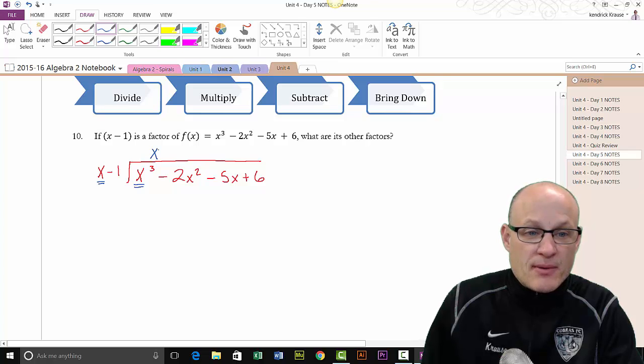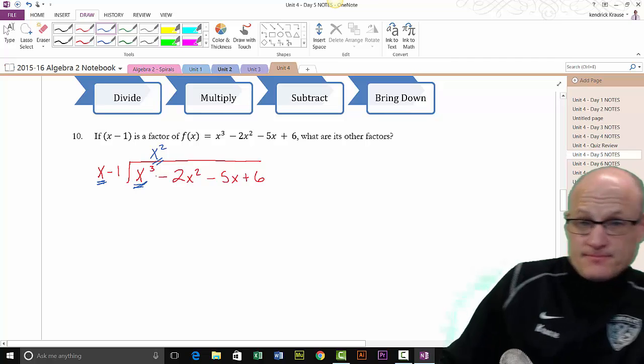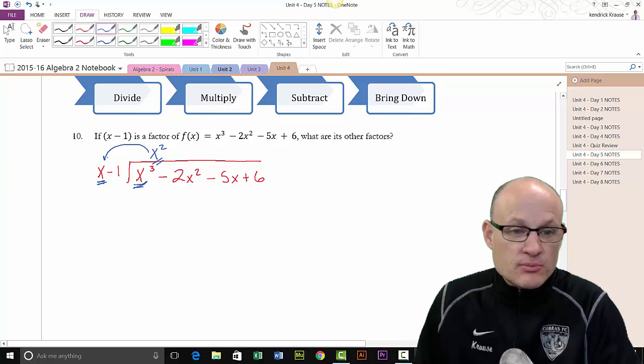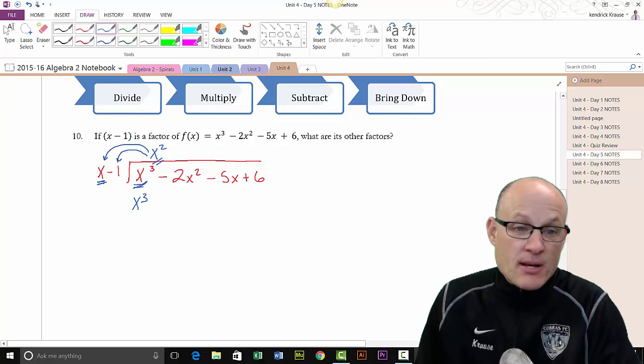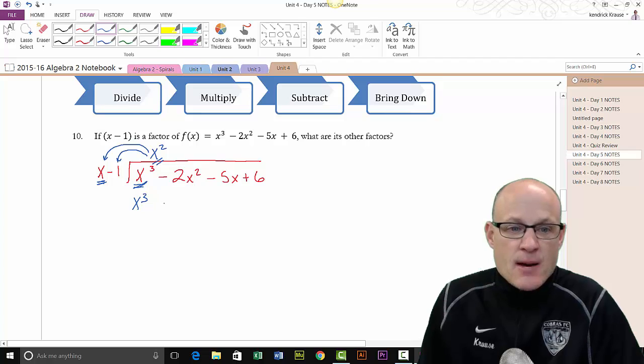Or another way to think about this is x times x squared gives me x cubed. Got it? Now we're going to multiply. So we take the x squared and multiply by x, and I get x cubed. And then I'm going to take x squared. And yes, you have to multiply by both of these. It's a little bit different than that easy division we were doing earlier.